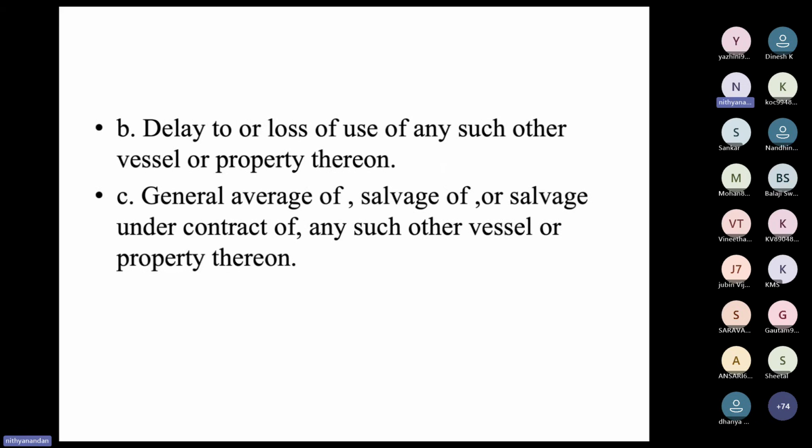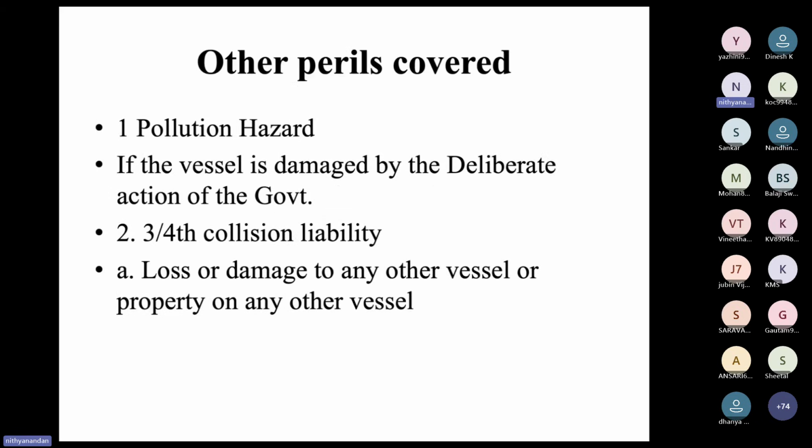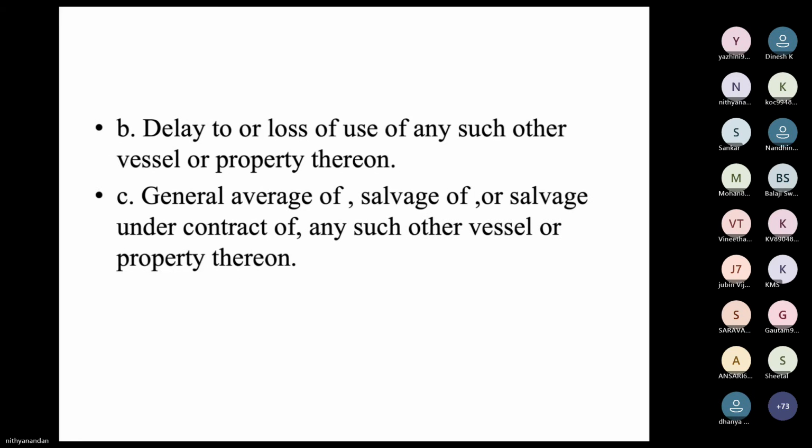And loss or damage to any other vessel or property on any other vessel. The collision liability includes the loss to any other vessel, also the property on any other vessel. Right? You should understand two things.